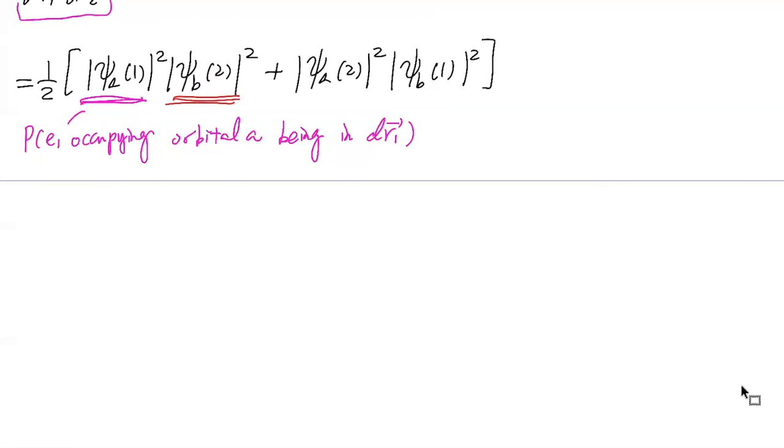This term is electron 2 occupying orbital B being in dr2, right? What is this term? This term comes from the exchange of the labels, right? So you see, if you just look at the first term here, you can say that the first electron and the second electron are completely independent, right?